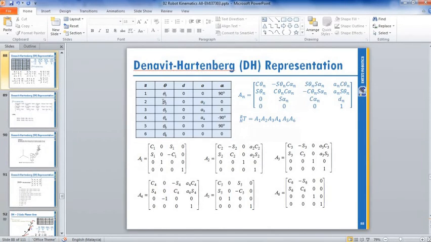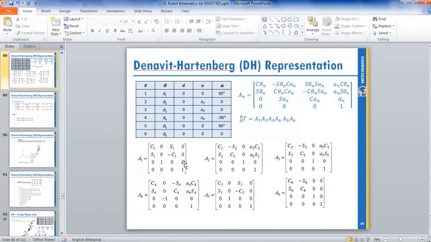And this one you have the Z rotation matrix and translation matrix, so you multiply both matrices, you get this answer. So you need to do each of the rows. This one you have rotation Z, translation X, and rotation X. You multiply all these three matrices, you get A4.